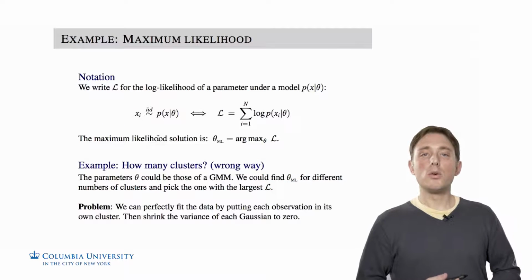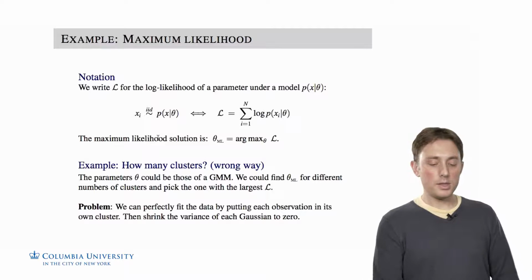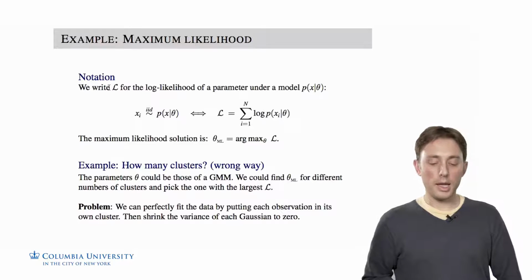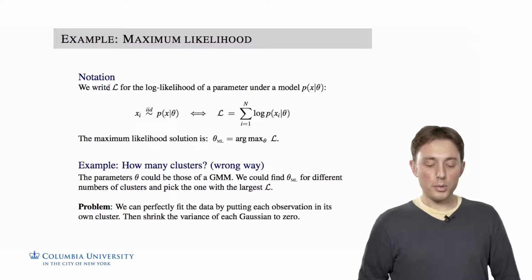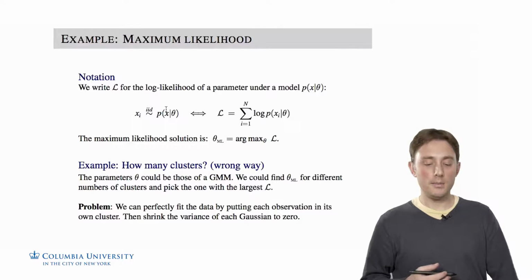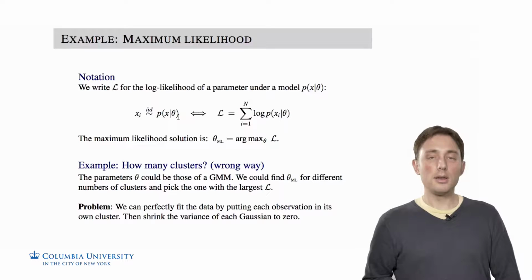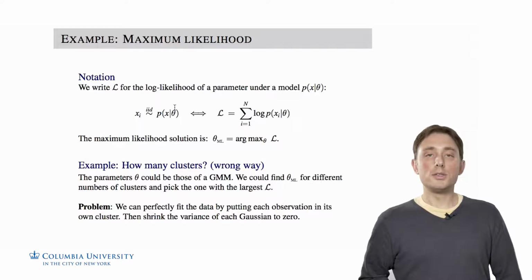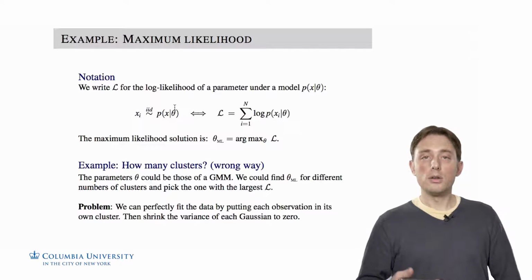To do this, we're going to work with this type of a model setting. So let's set some notation. We're going to write L for the log likelihood of a parameter under a model. So we have this type of a model assumption. We're going to assume that we're getting data x_i drawn iid from some probability distribution on x given a model parameter. And now we want to think of the log likelihood of this data.